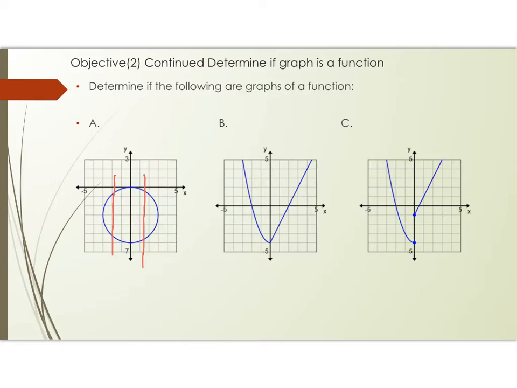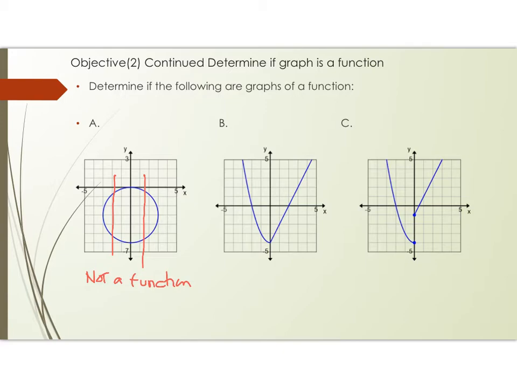So this is not a function. The reason for that is because for each value of x, there can only be one value of y. And when the vertical line test gets more than 1 point, then it can't be a function.